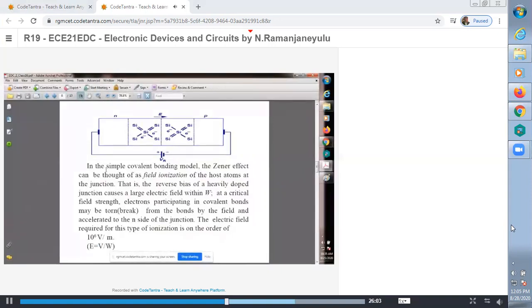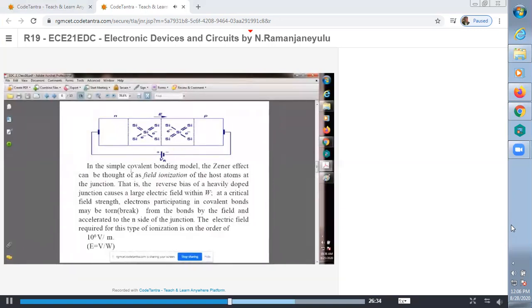Right. Now, free charge carriers are available only if covalent bonds are broken. Whether it is avalanche breakdown or Zener breakdown, covalent bonds must be broken; only then are charge carriers available. Observe here.